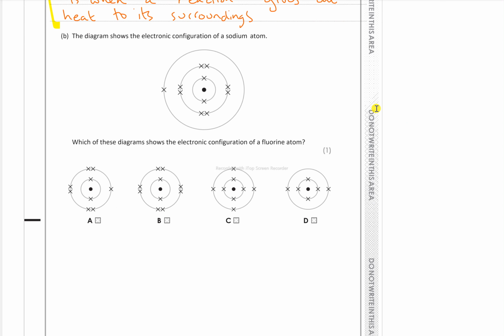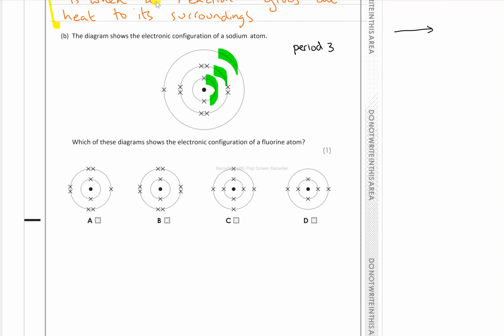Right, there's the electronic configuration of a sodium atom. Let's look at this quickly. You have one shell, two shells, three shells. That tells me straight away, yep, it's in period 3 in the periodic table.